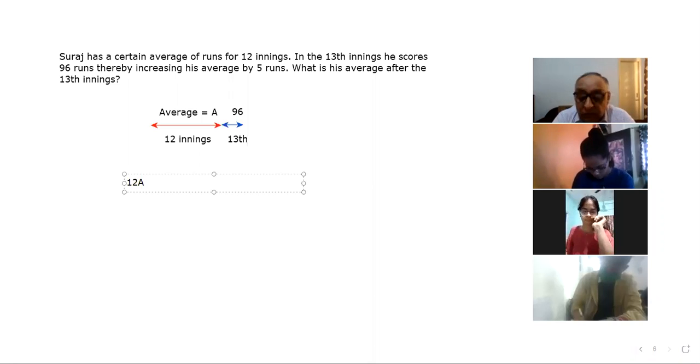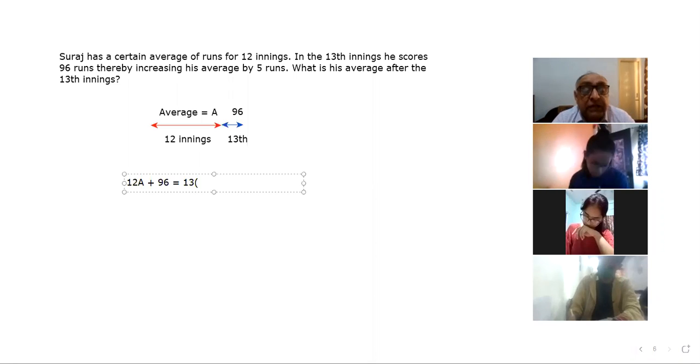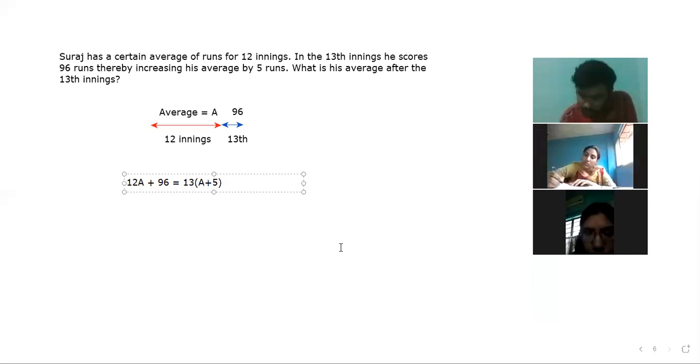Okay, and the 13th innings score is 96. That is equal to 13 innings multiplied by the new average. The new average is 5 more than the old average, A plus 5. Is it clear?